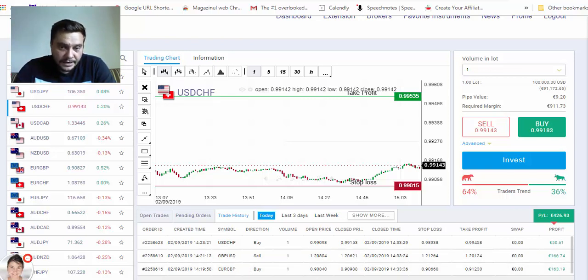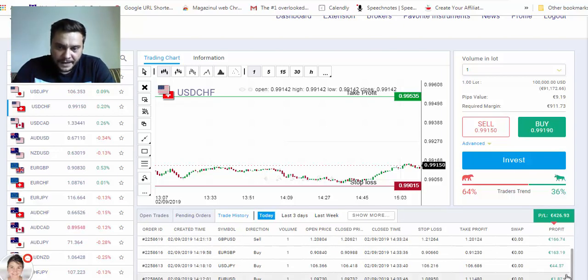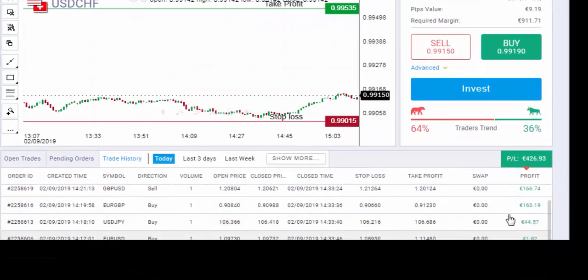It was a buy, an open price of 106.366 and a close price of 106.418 and a 44.57 euros profit. And the last one, this is a 1 euro gain. It was a buy, Euro USD.